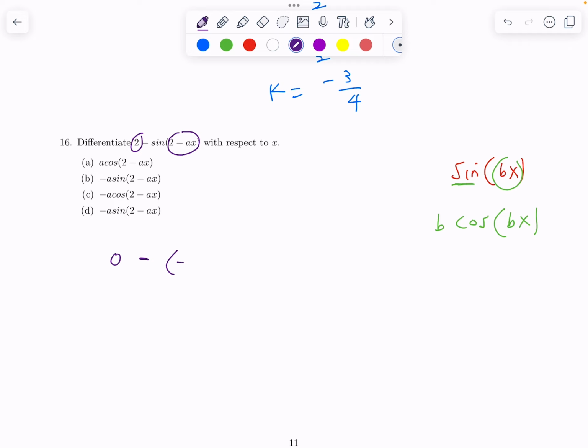So I have negative a there. Now the derivative of sine is cos, so I have cos, then I just write what I have inside back. And if you simplify, this is just going to be a cos(2 minus ax). And that's it. So that's A.